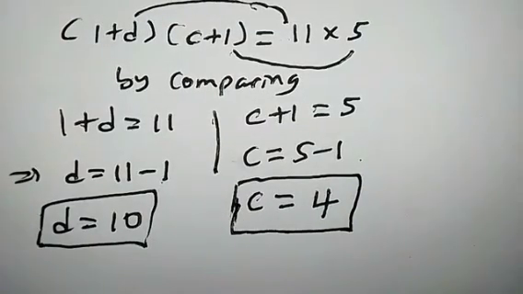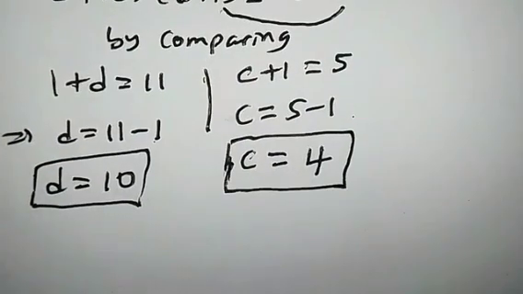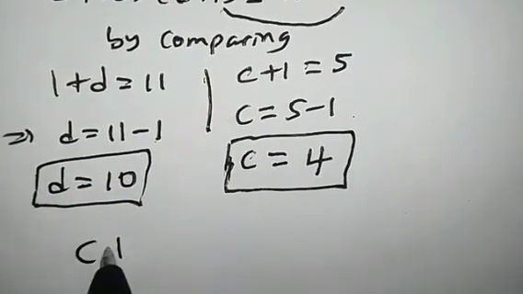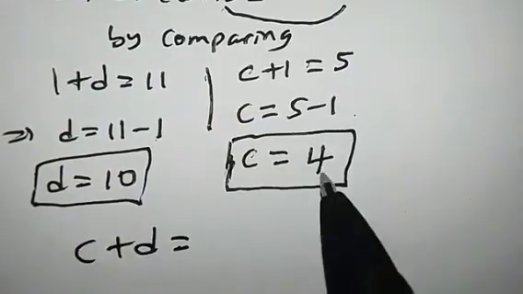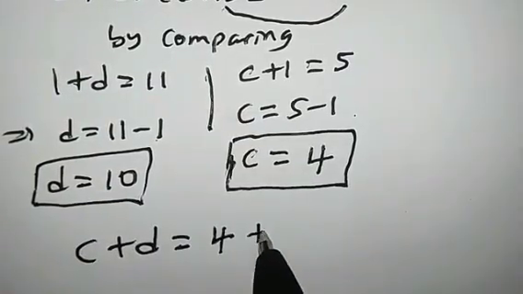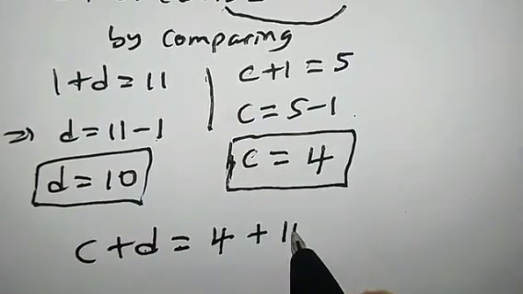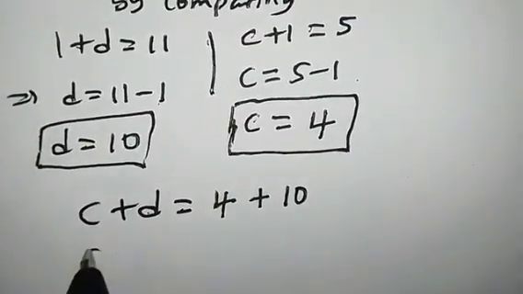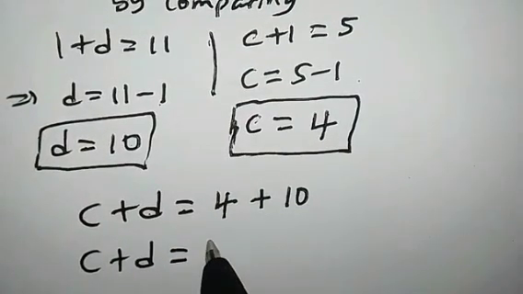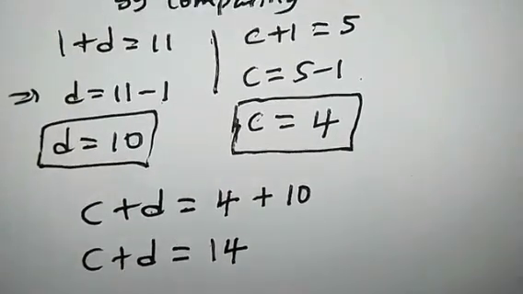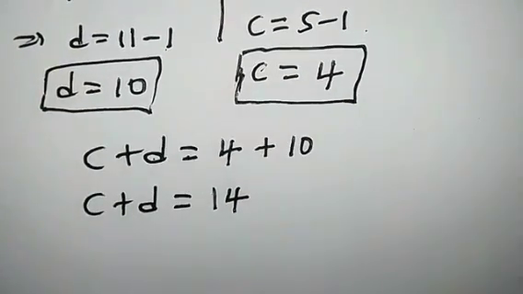But don't forget, we have to find C plus D. So we just have to plug in these values. C is 4 plus D is 10. C plus D is equal to 4 plus 10, that is simply 14. What do you notice?